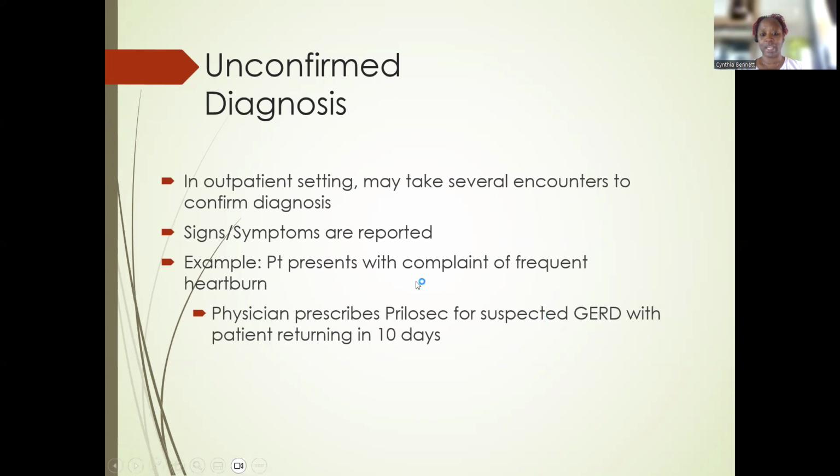So what we're going to code is the frequent heartburn, because we don't know for sure whether that patient has GERD. We just know that the doctor suspects it, so we can't code that. We're just going to code what is confirmed, and that is that the patient does have frequent heartburn. So we can go ahead and assign a code for that.